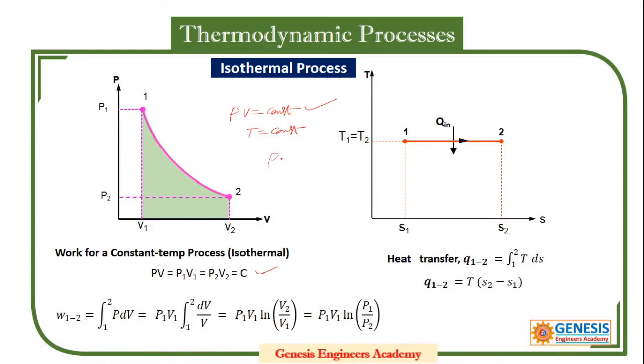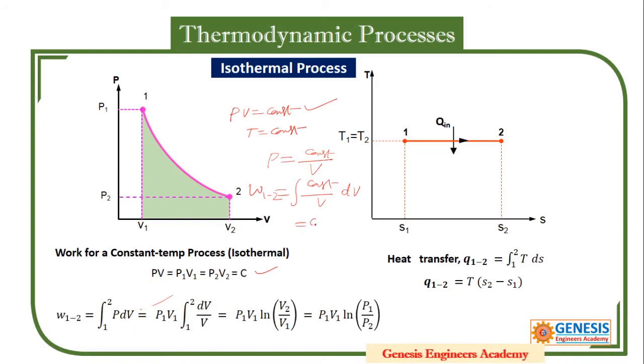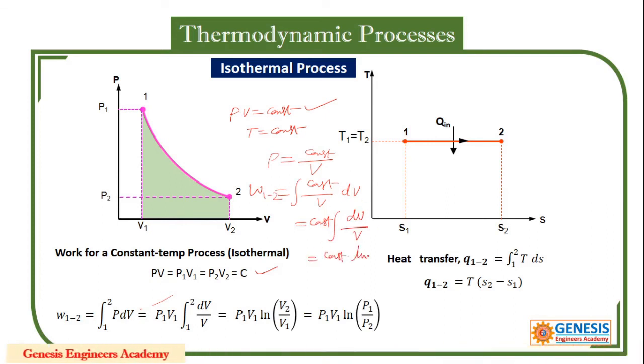From this equation you have to replace P by V. So P is equal to constant by volume. If you replace this, the equation becomes integral of constant by V into dV. That is work done. Okay, so if you keep this constant outside, then it becomes dV by V. So this is the equation, constant into ln V from V1 to V2.